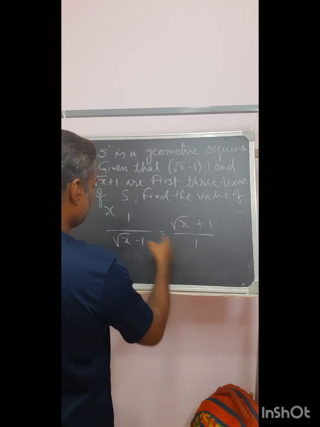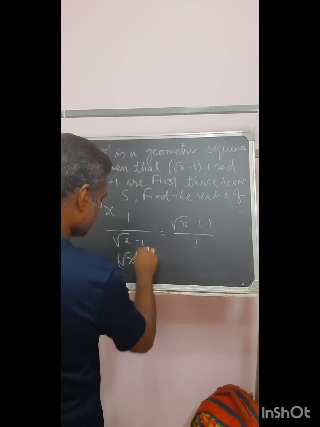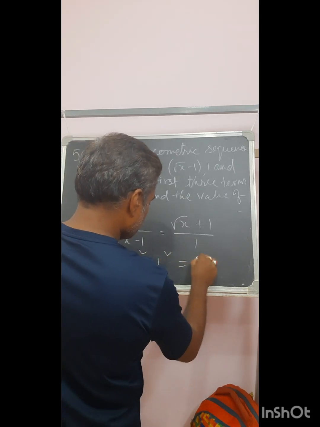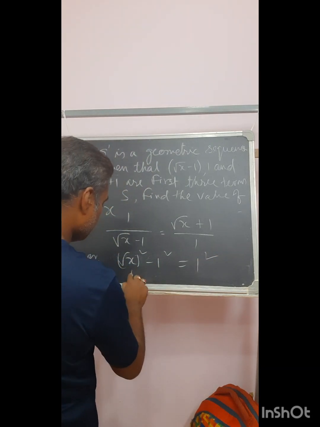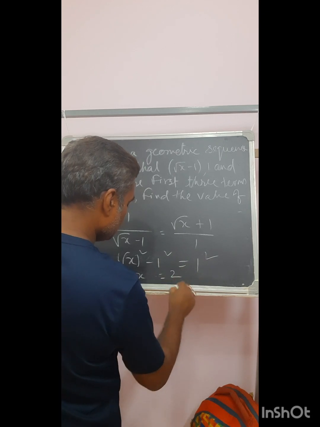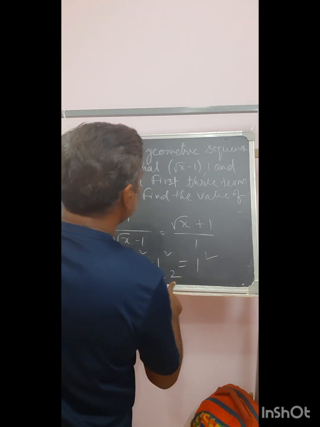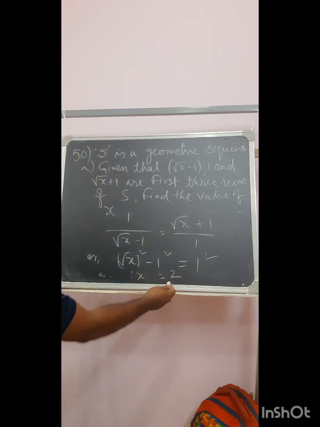Now I will cross multiply this, so I will get root x square minus 1 square is equal to 1 square, so x minus 1 will be 1 and 1 goes to this side, so x is equal to 2 for this case. So you can find the x value easily.